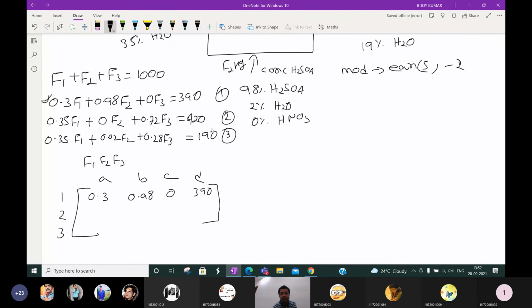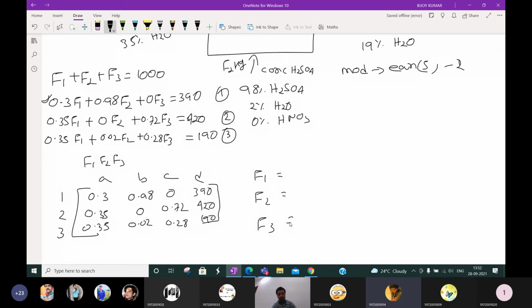D means the constant on the right-hand side, without variables. In the second equation it is 0.35, 0, 0.72, 420. The third is 0.35, 0.02, 0.28, 190. Solve it and tell me the values of F1, F2 and F3.